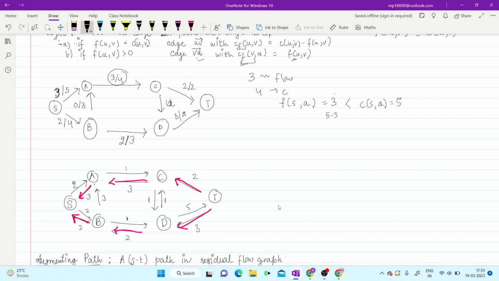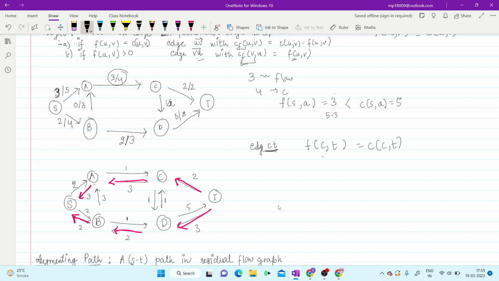Now let's look at the edge CT. For edge CT we see that the flow of CT is equal to the capacity of CT. So the first condition is not satisfied, and there won't be an edge in the direction of CT in the residual graph.